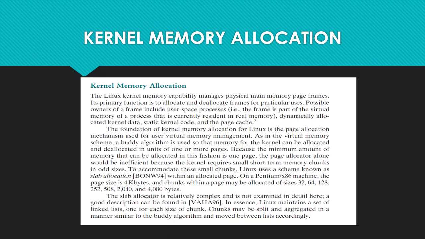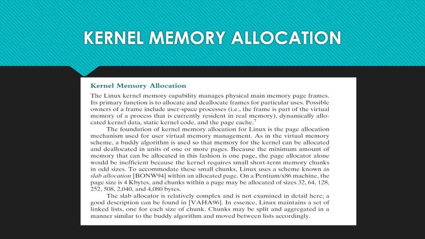So basically, as you have seen in the previous diagram, how the register is shifted from page to page. So it is how the kernel helps in shifting the units from one page to another page. Because the minimum amount of memory that can be allocated in this fashion is one page.